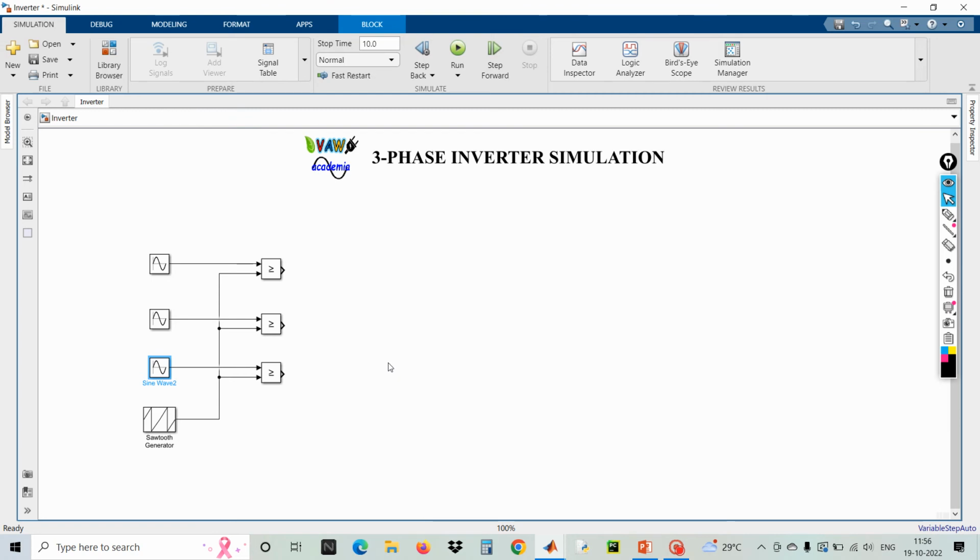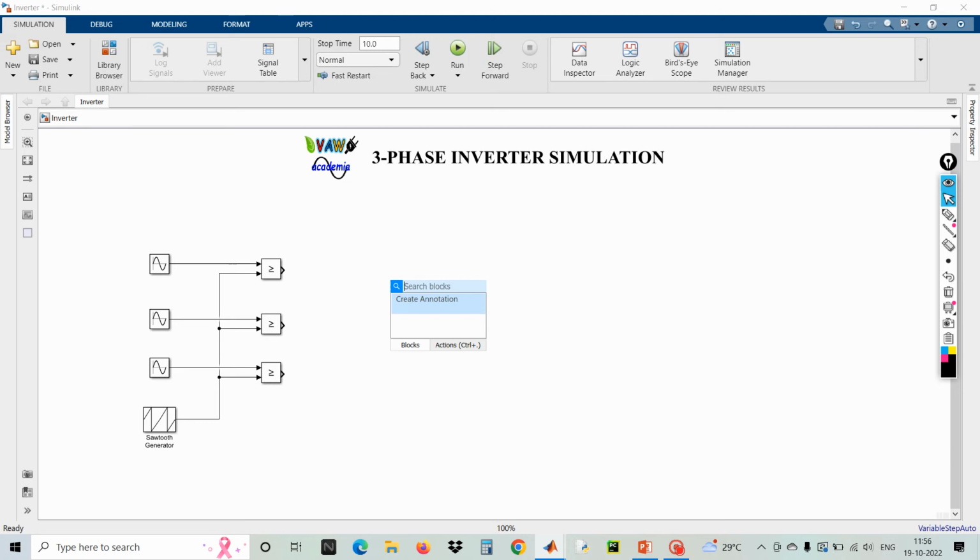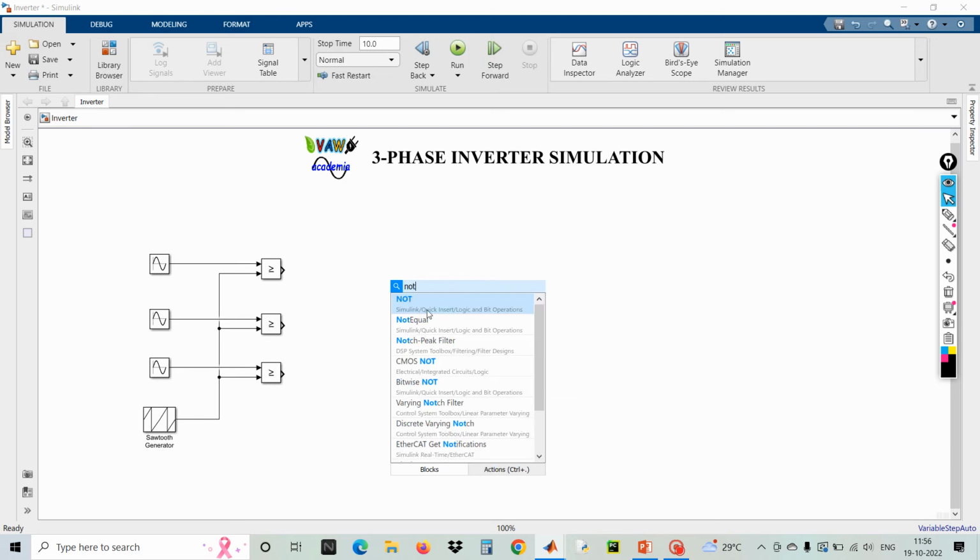Now this will produce the pulses. I'll tell you why I'm going to use the not operator.